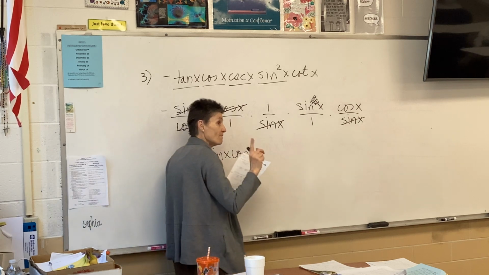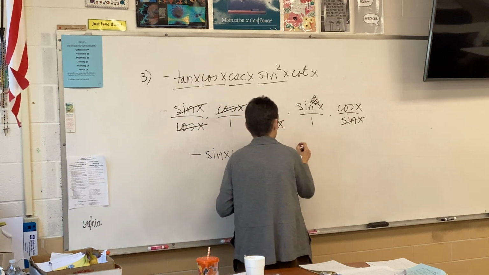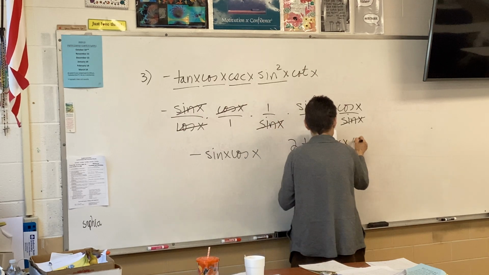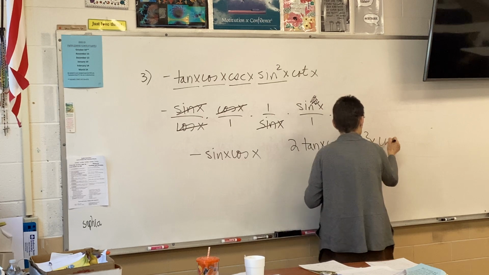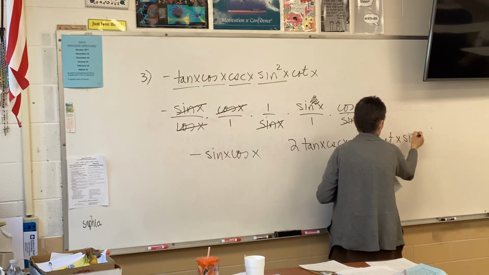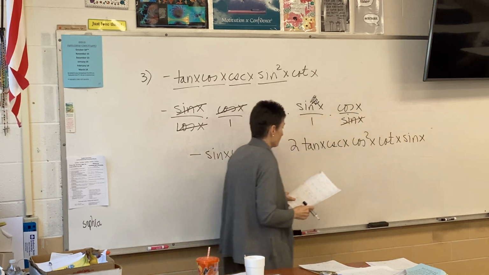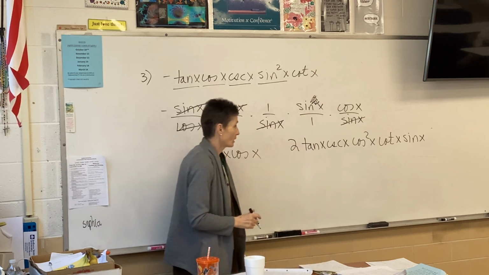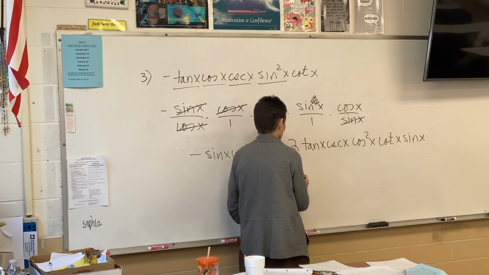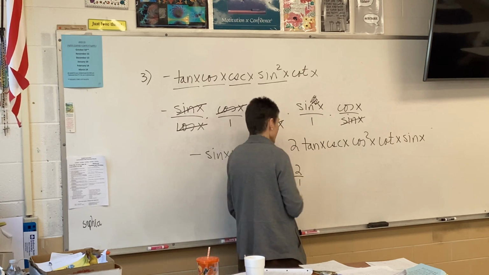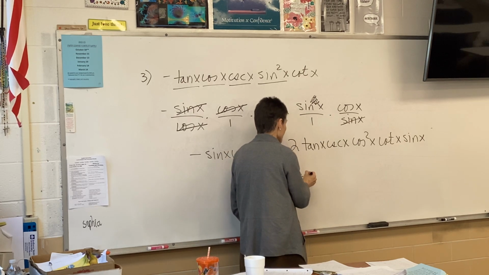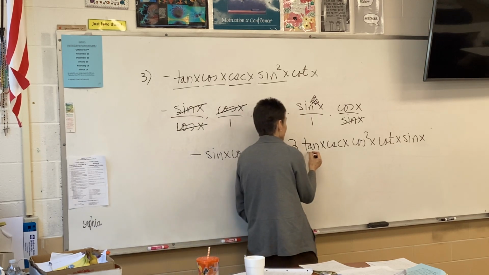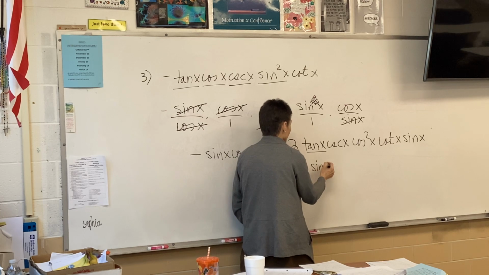Five looks very similar. Would you agree? It looks like kind of the same thing. Right, so here we go. Just bring the 2 along for a ride. You can make it 2 over 1 if you want, since all these are going to be fractions. Now, how about tangent? Sine over cosine.